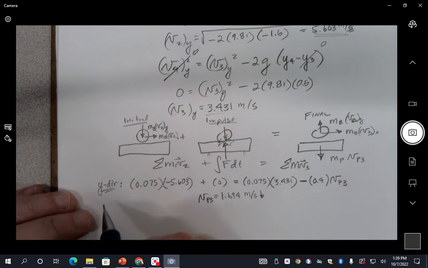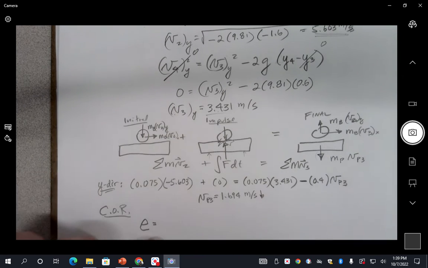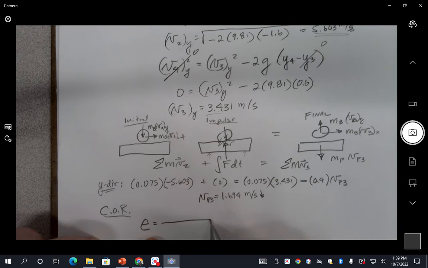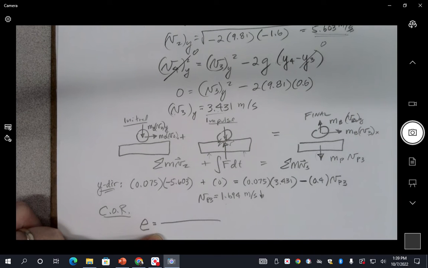And then we have the last part where we asked for the coefficient of restitution. And we know that's going to be E, and we have to remember the order in which these show up, right? We don't even need the equation sheet for this because we know the concept. It's the relative velocity after the collision divided by the negative relative velocity before the collision, right? We have to make sure that we swap which ones we're subtracting from.